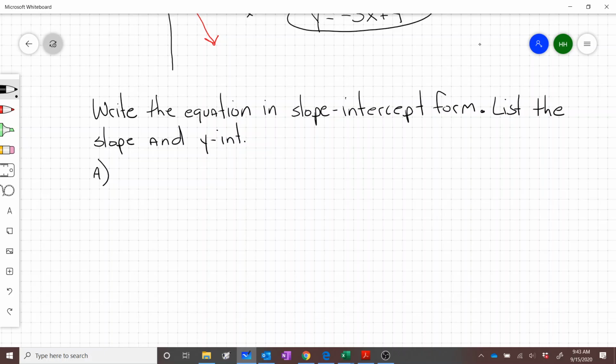All right, so our first example is an equation that reads 5x minus 4y equals 16.